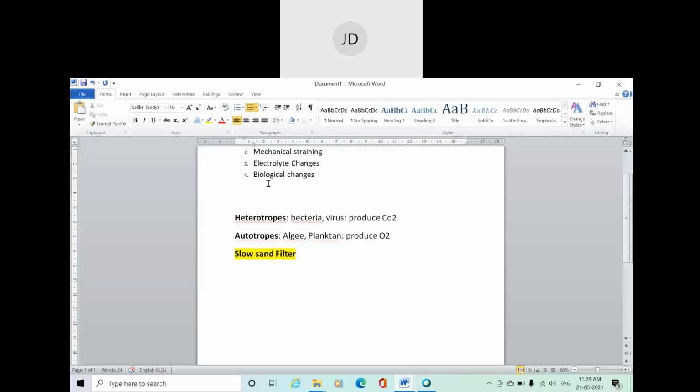If you give larger size sand or larger voids, then there will not be any creation of biological film above the top surface. This is a logical thing. That means in case of a slow sand filter, you need sand having lesser voids.